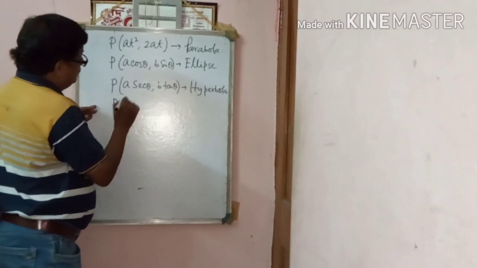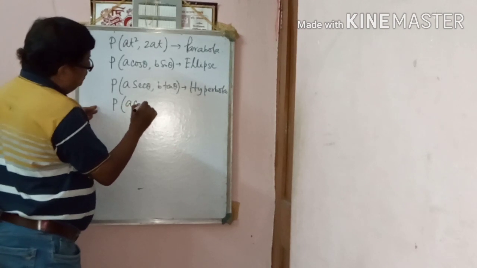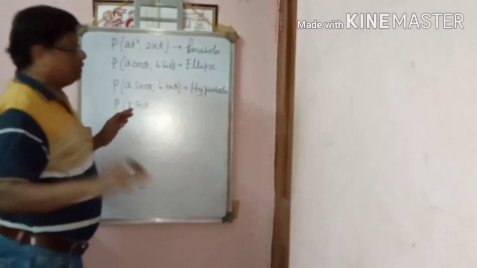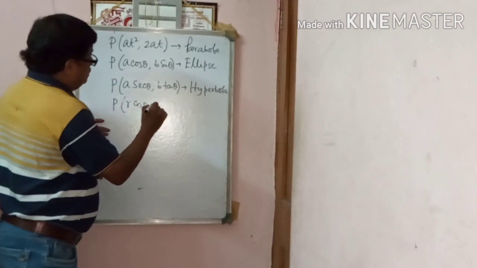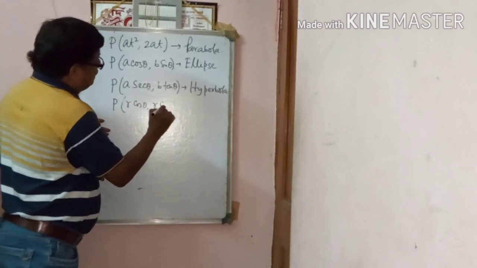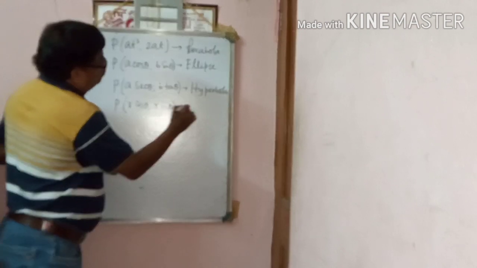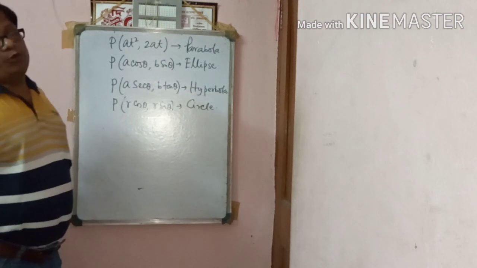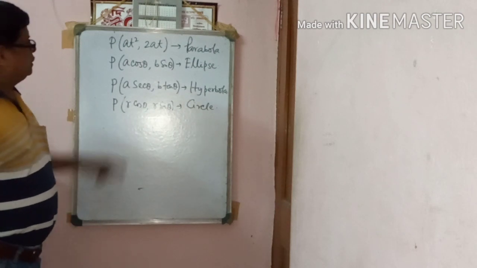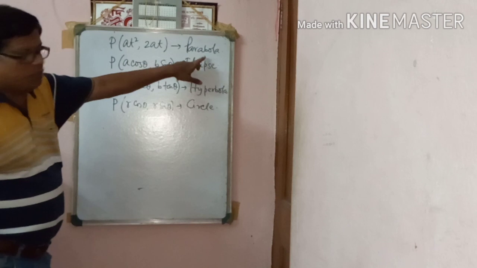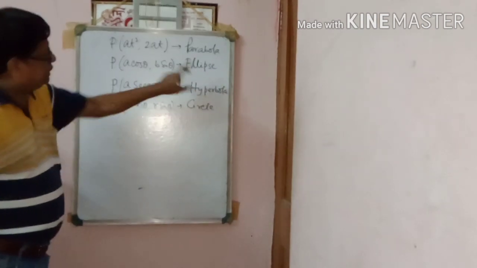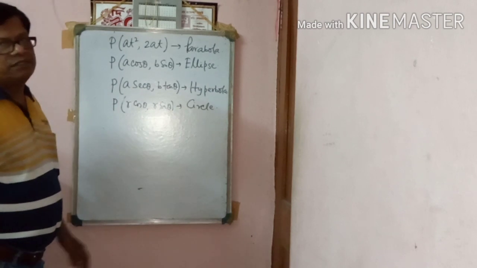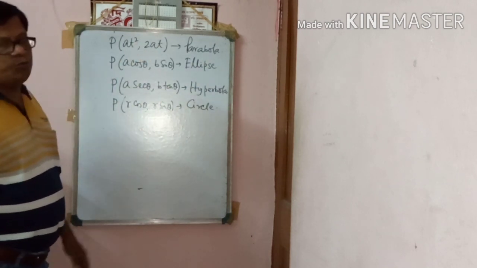P of a cos theta, or write r cos theta, or you can write r or a, anyone, r cos theta, r sin theta, this is the equation of circle. All of you remember, okay? This point's locus is a parabola, this point's locus is an ellipse, this point is a hyperbola, this is a circle. Very helpful formula, okay? All of you remember.